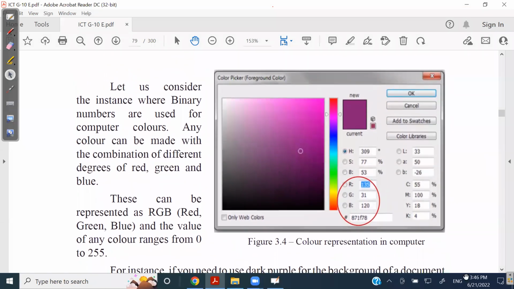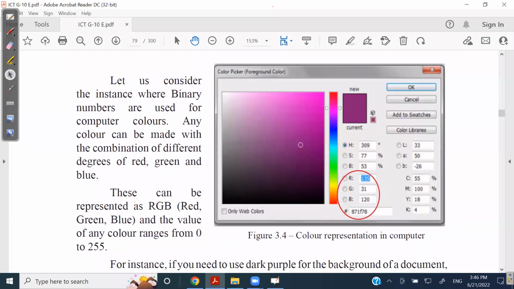So this is one particular place we use numbers in a computer. The numbers circled with a red circle show you what kind of numbers are used to represent a color. We call this the RGB representation. It's simply about how much red, how much green, and how much blue are used to create this purple color.